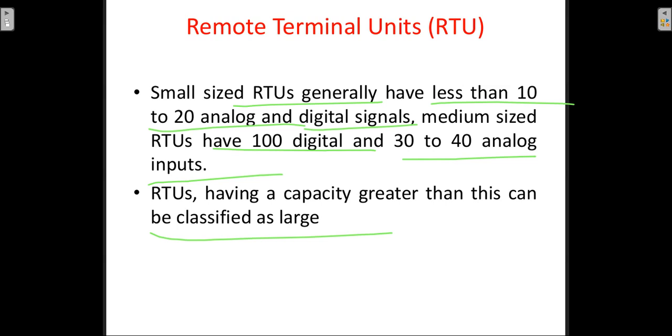They are called large remote terminal units, and depending upon the system complexity, you would use the large remote terminal units. In power systems especially, because the power system is a very complicated network, even a part of a system could use a large RTU.